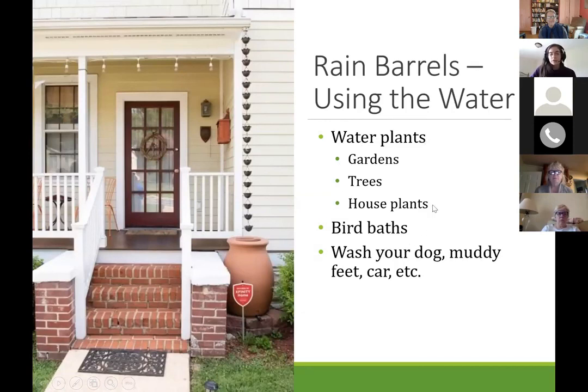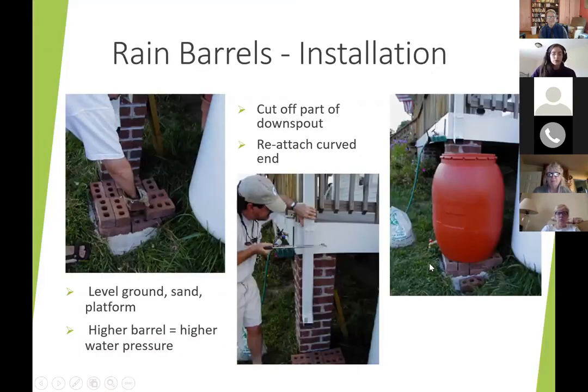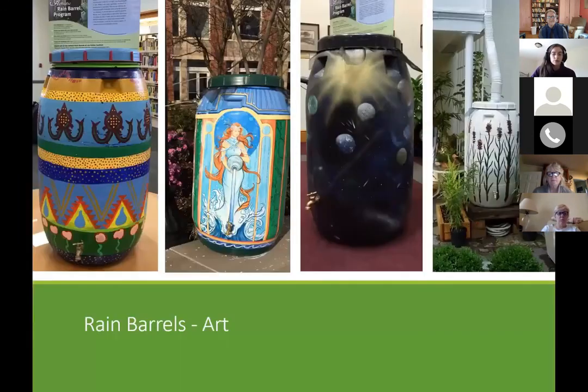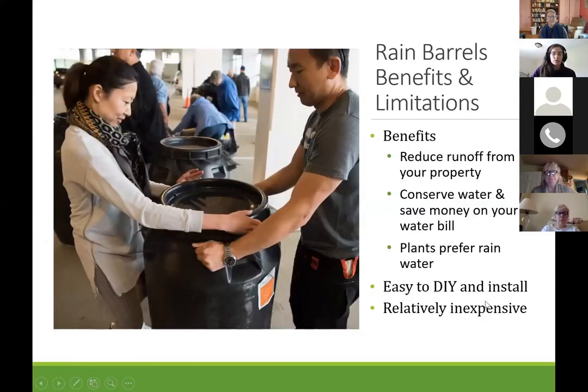So if you're a veggie gardener or have other garden plots, you can reuse that water to water around your landscape if you're establishing things, or again, vegetables during our hot, droughty summers, bird baths, other general reuse. A little bit about installation that I'm not going to talk about. These can be really landscaped beautifully and either stick out or blend into the landscape, however you prefer.